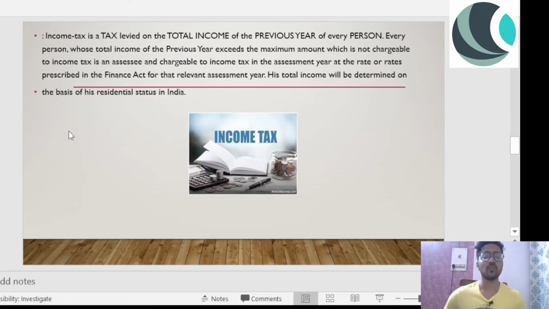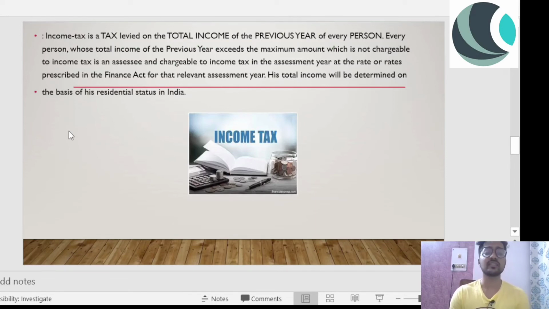Now we'll talk about income tax. Income tax is a tax levied on the total income of the previous year of every person. We have to remember that you will be taxed for your total income in the previous year, right?